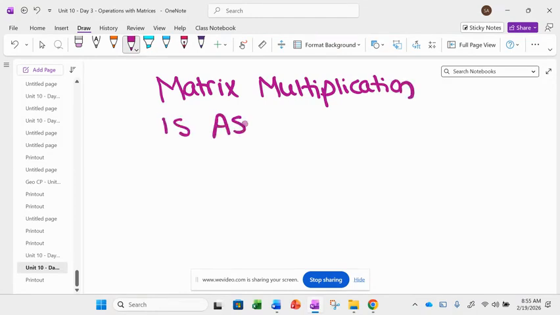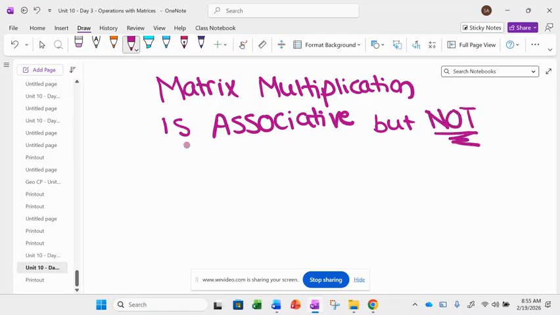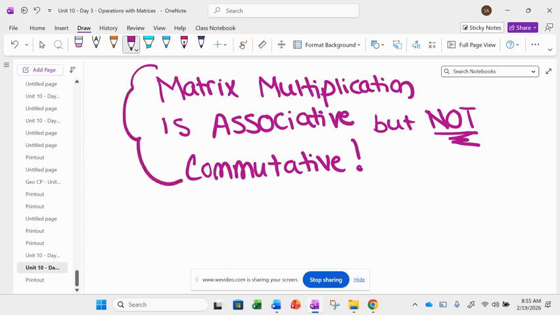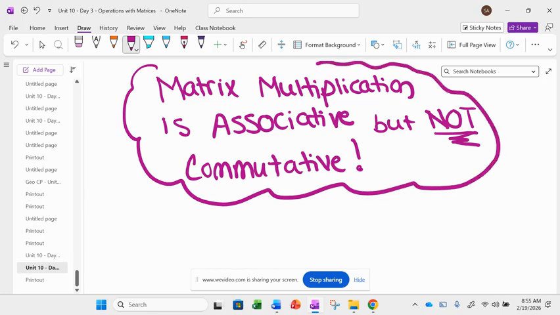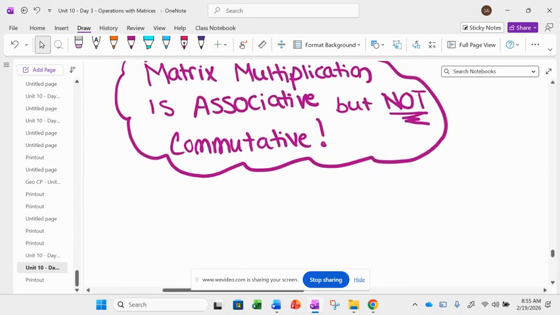It is associative, but not, capital N, capital O, capital T, commutative. Okay, so what does this mean?